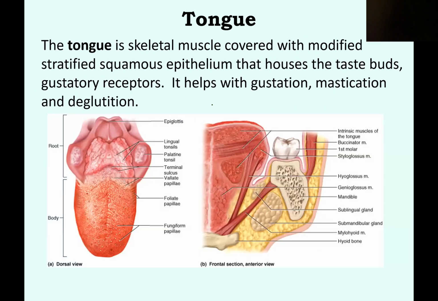The tongue is skeletal muscle tissue covered with a modified stratified squamous epithelium. It houses the taste buds, which are your gustatory receptors. Don't forget, at the base of the tongue are the lingual tonsils.